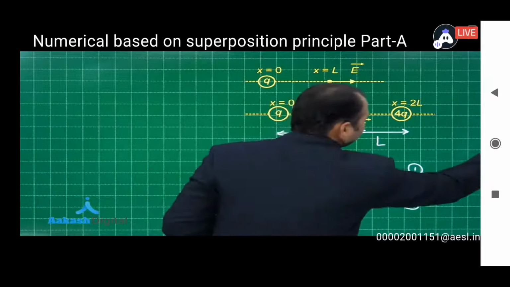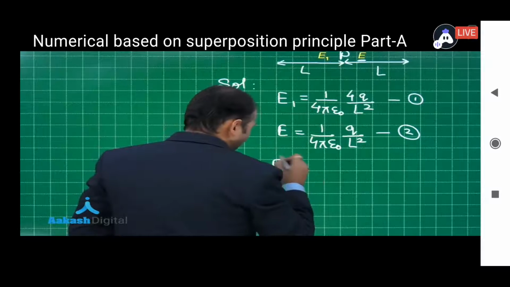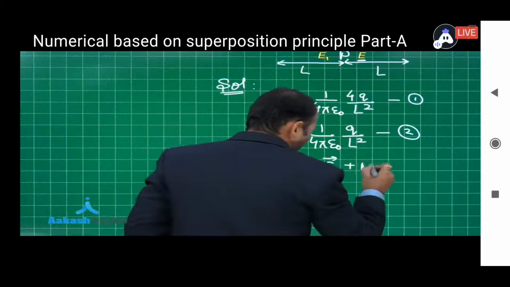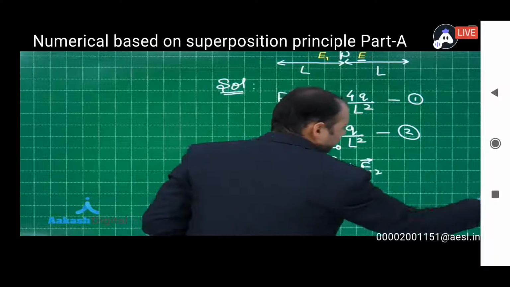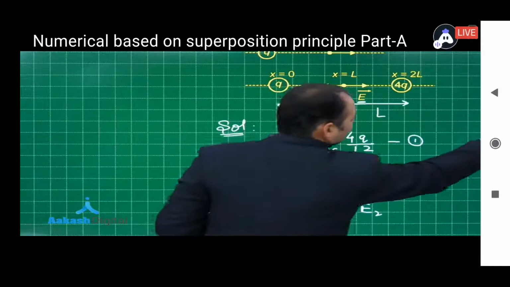If you want to find the net electric field, obviously E net can be represented as the vectorial sum. And you see that both of them are in opposite directions.